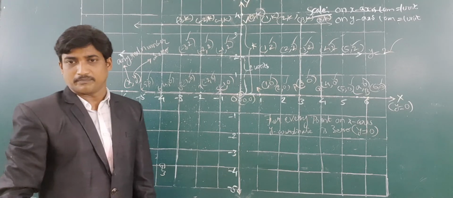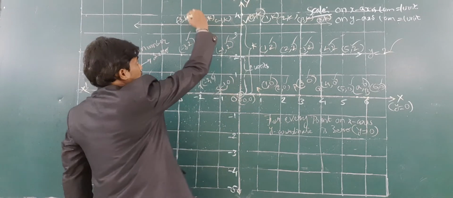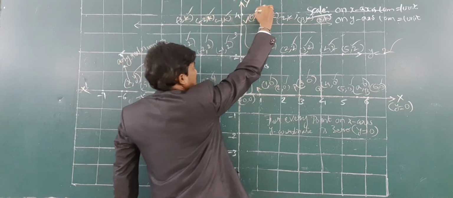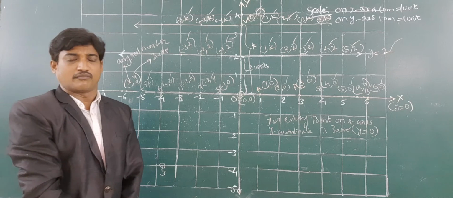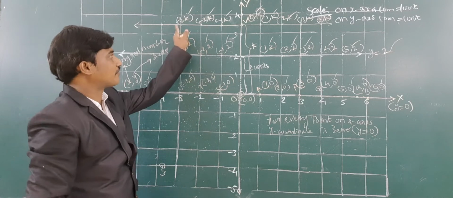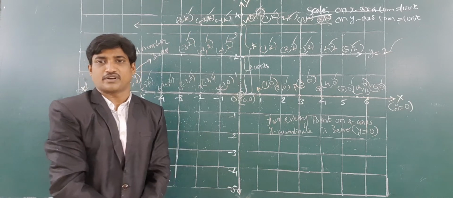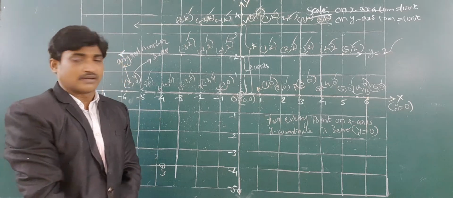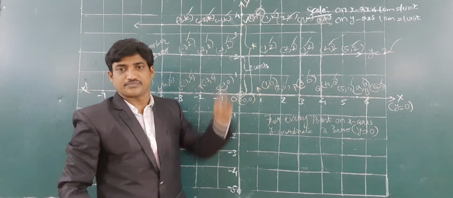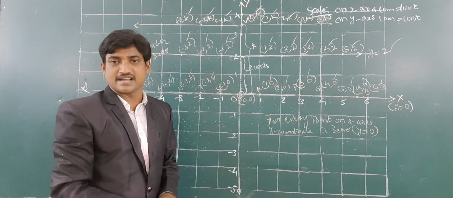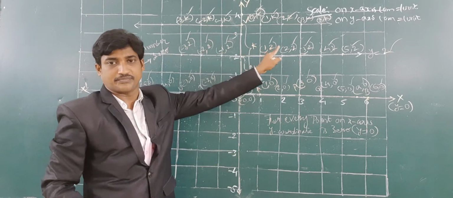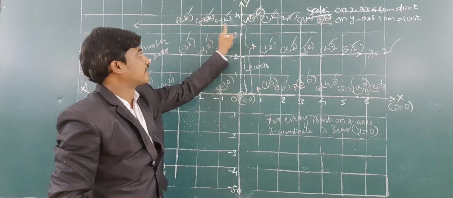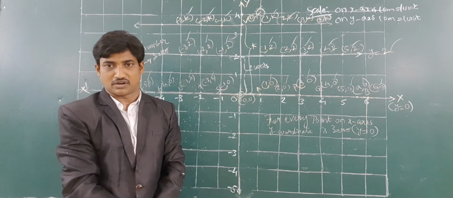If we observe, the y-coordinate is constant for every point on this line. As this line is parallel to the x-axis at a distance of k units, the y-coordinate is constant and the x-coordinate takes different real values.